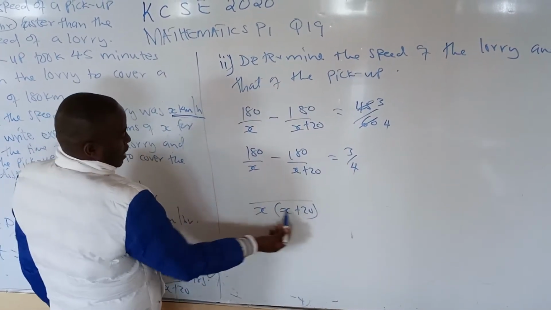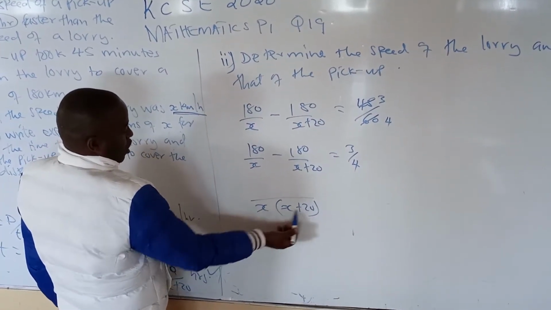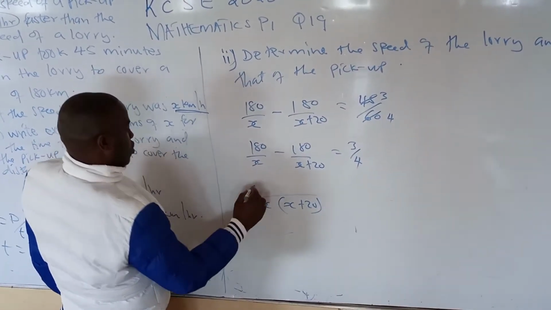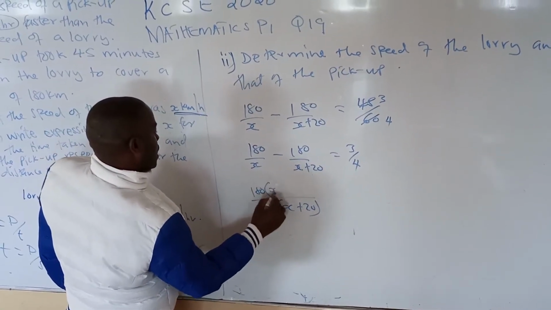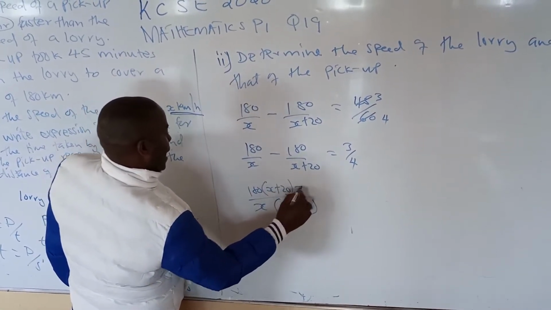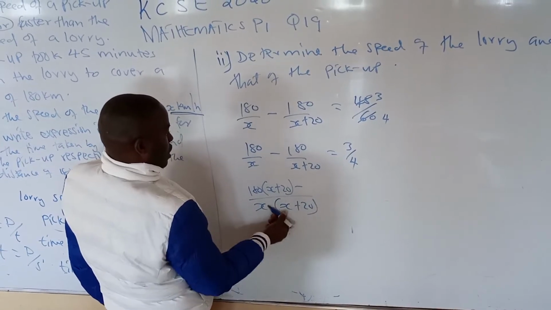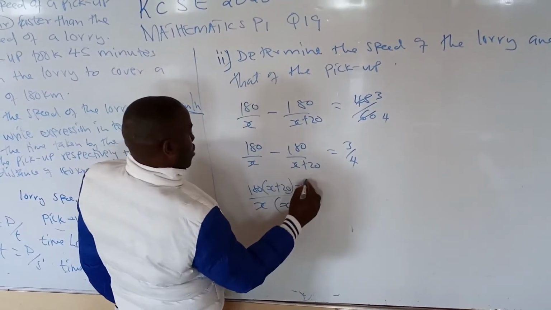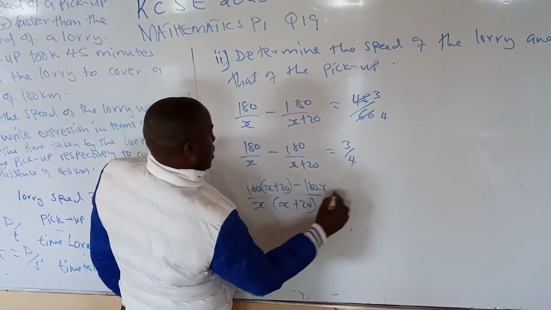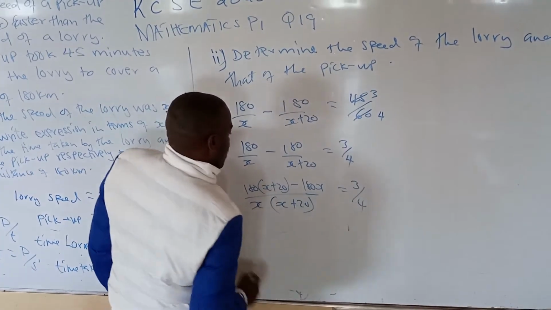So x cancels out and remains x plus 20. We shall have 180 into x plus 20, minus 180x, this will be equal to 3 over 4.